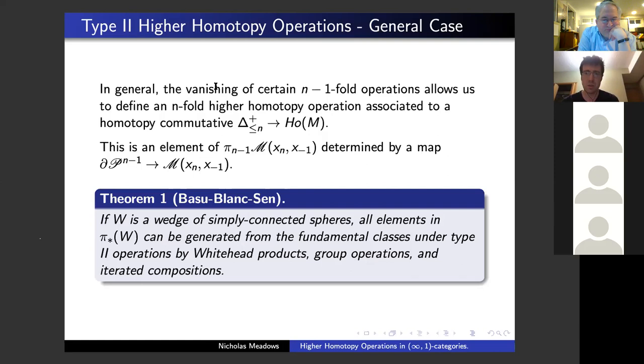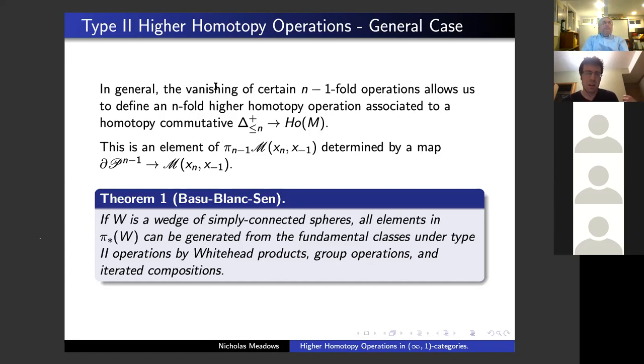By iterated composition, I mean just composing maps in the usual sense. So if I had a map from S^j to S^k to S^l or something, I mean just composing these.